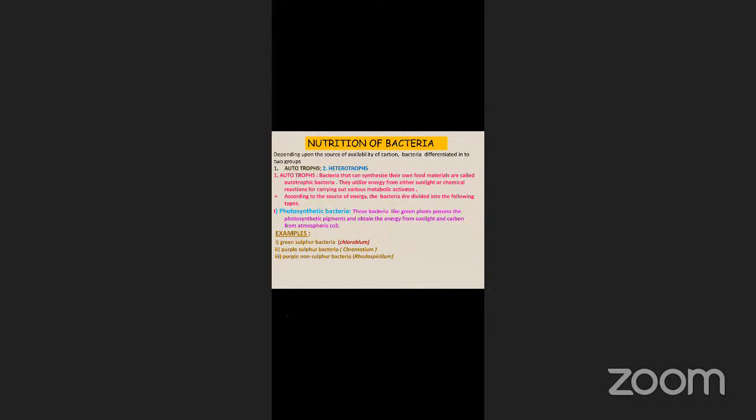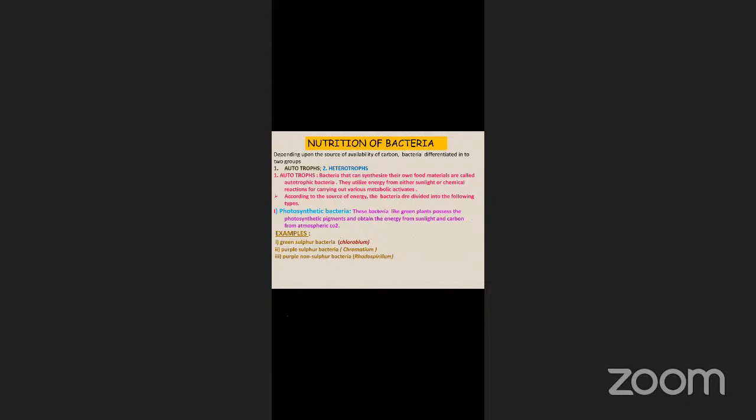The chloroplast contains chloroplast pigments. How many types of chloroplast pigments? Three types: chlorophylls, carotenoids, and xanthophylls. The chlorophylls, again, how many types?